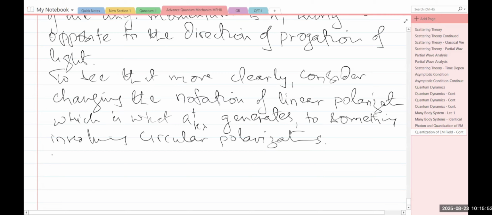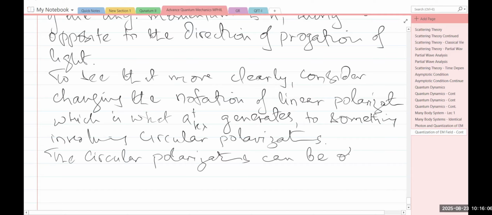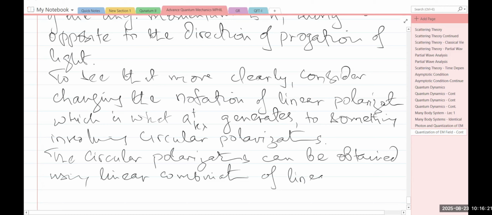So the circular polarizations can be obtained using a linear combination of linear creation operators.